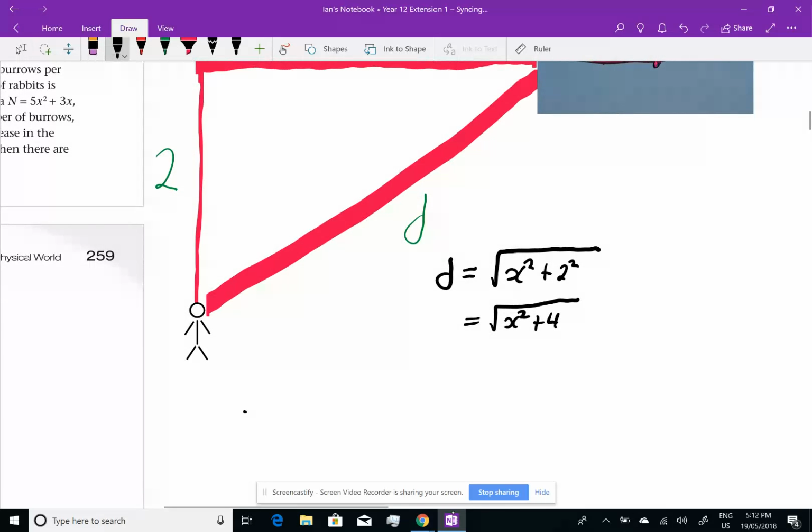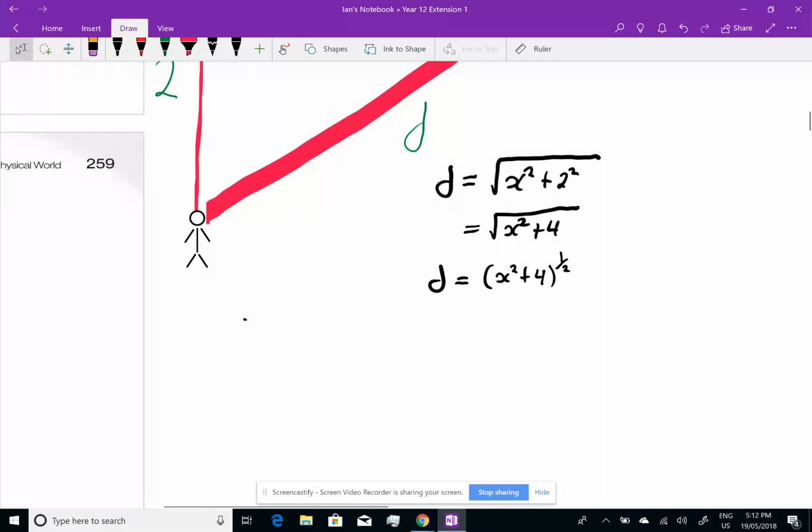We'll write that in index notation, x squared plus 4 to the half. Now, you know that you're going to have to differentiate one of these.